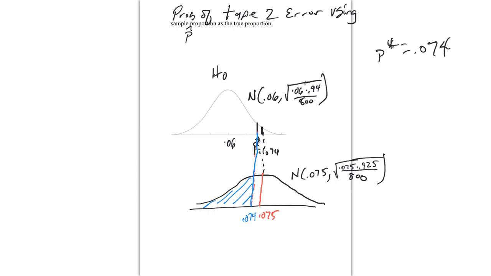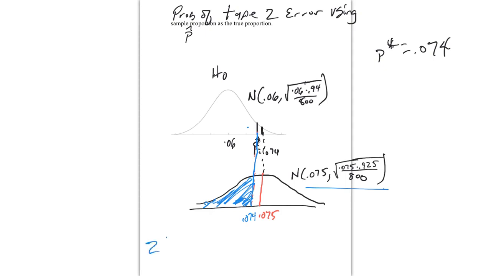But because P is assumed to be greater than P naught, in other words 0.075 is assumed to be greater than 0.06, we should be rejecting. But if we get a P that is less than 0.074, we're going to be in this region in reality. And the probability of that happening is found by finding the z-score here.